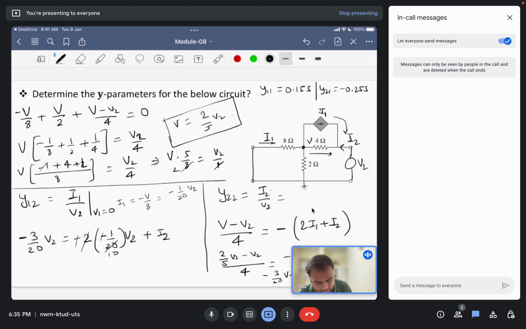So let us take this side, V2 times minus 3 by 20 and minus 1 by 10 is equal to I2. So I2 by V2 is equal to minus 5 by 20, that is minus 1 by 4, that is 0.25. So Y22 will be minus 0.25, I2 by V2.